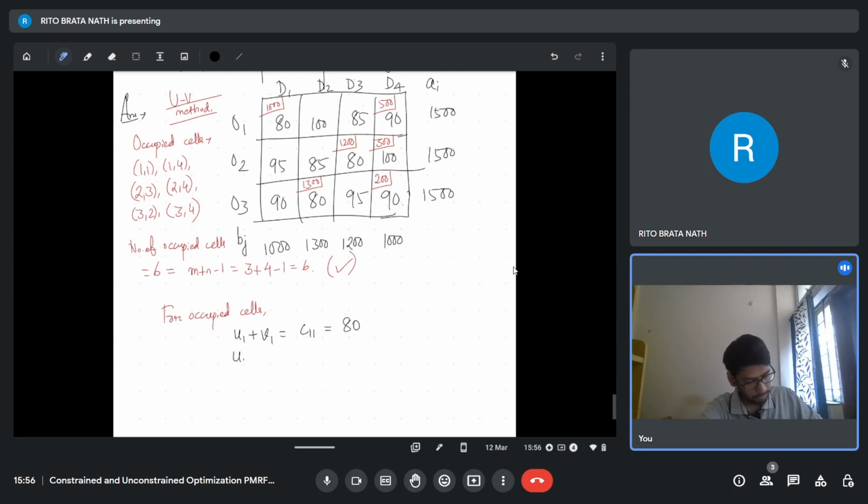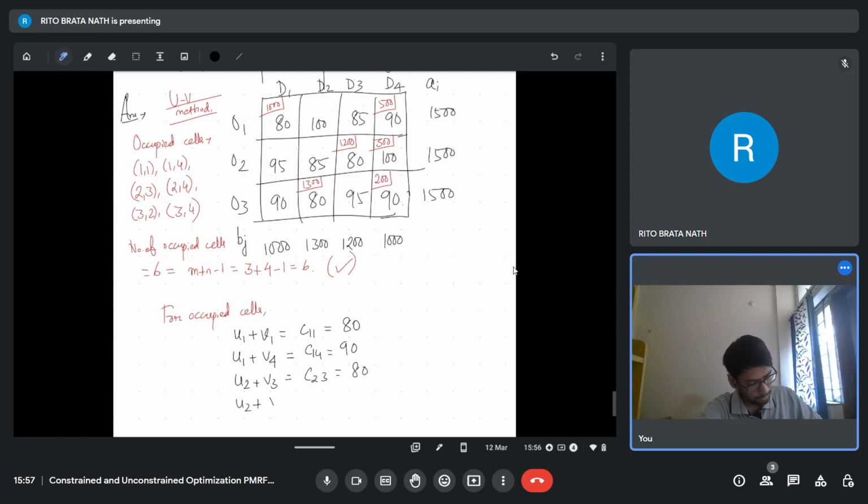Similarly, U1 plus V4 equals C14, which is 90. Then U2 plus V3 equals C23, which is 80.